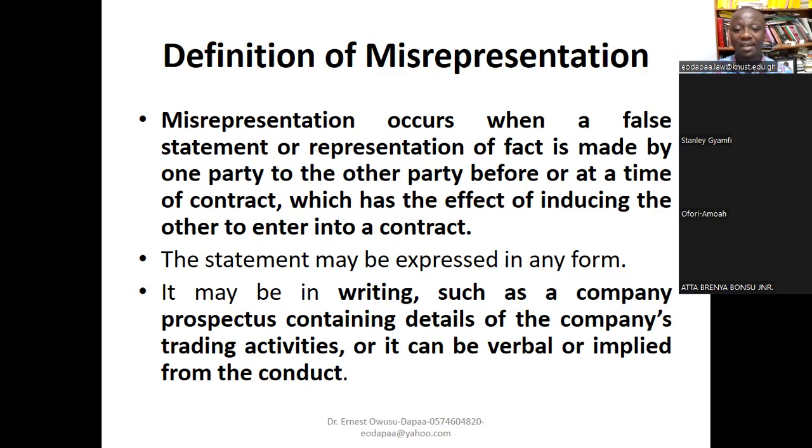So that is a prospectus. Again, misrepresentation can also be verbal, that is just by word of mouth. Or sometimes it will be implied from conduct.